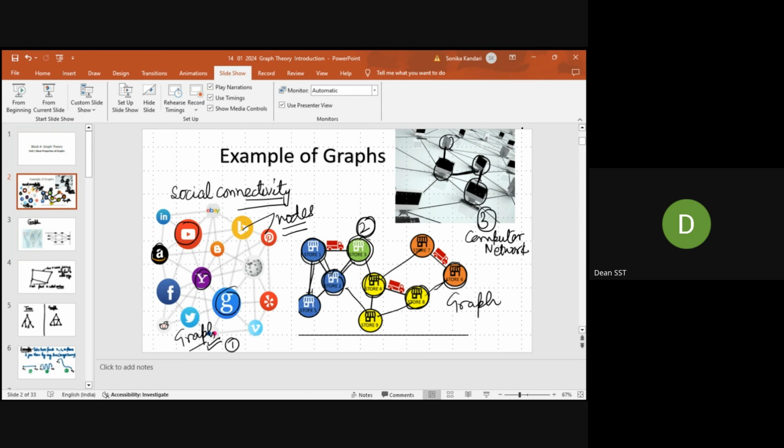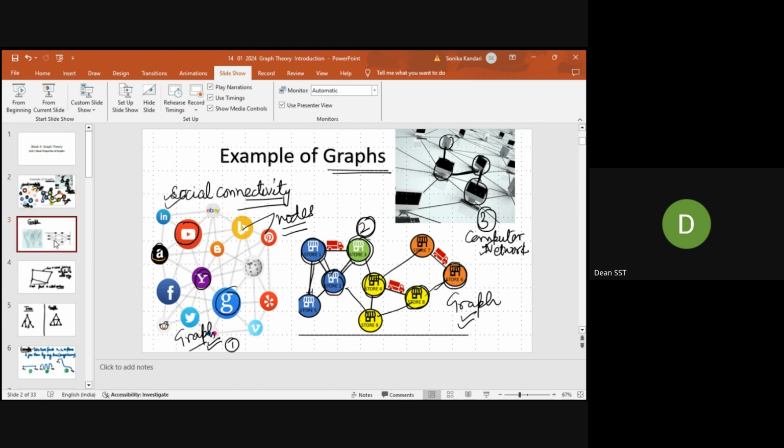So I have shown you 3 examples of graph. This will make it very clear why we use graphs. We use graphs in our social connectivity, telephone network, road network, computer network, electricity network. In all types of networks, we implement graphs. So graphs are very important.